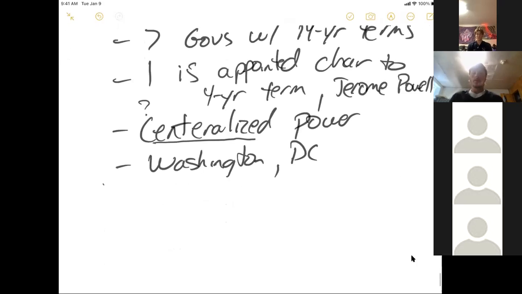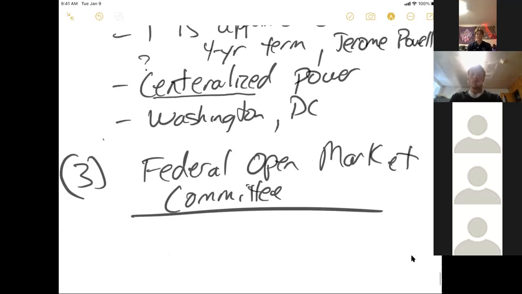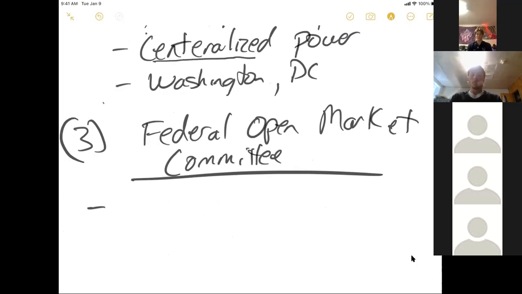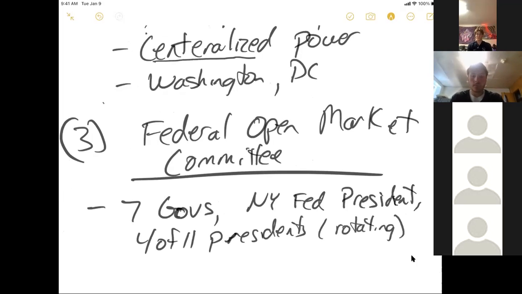In addition to the Board of Governors, though, there's another group that's been created called the Federal Open Market Committee. This is a group within the Fed of the 7 governors, the New York Fed president, and 4 of the other 11 presidents, on a rotating basis.